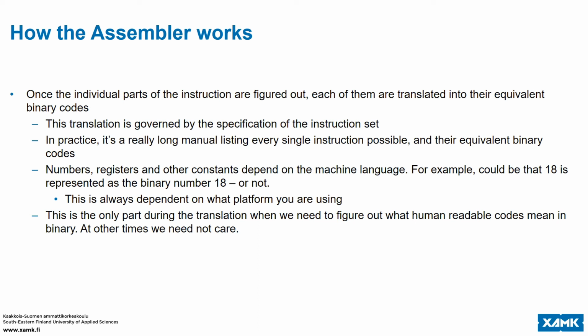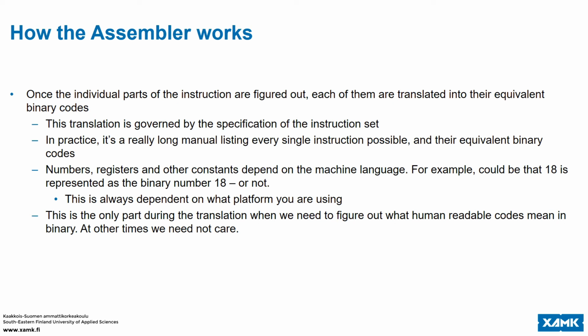In practice, the specification of the instruction set is a really long manual listing every single binary instruction possible that the CPU supports, and their equivalent binary codes. Numbers, registers, and other constants depend on the machine language and the processor.